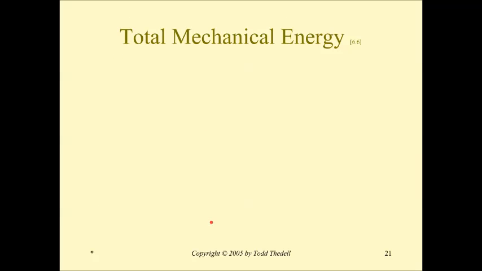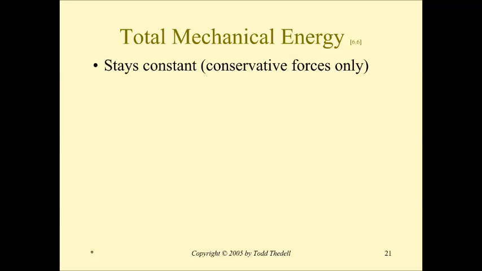Okay, so the next topic is on the total mechanical energy. What's been found is that the total mechanical energy stays constant for conservative forces. Now, think about what a conservative force would be. This would be a force that doesn't go away.